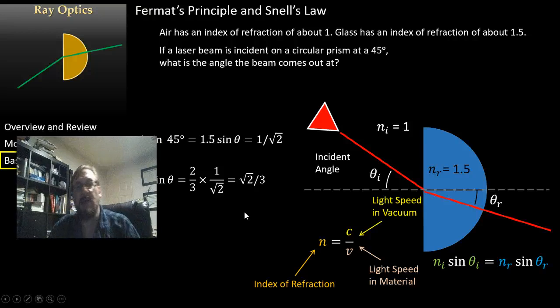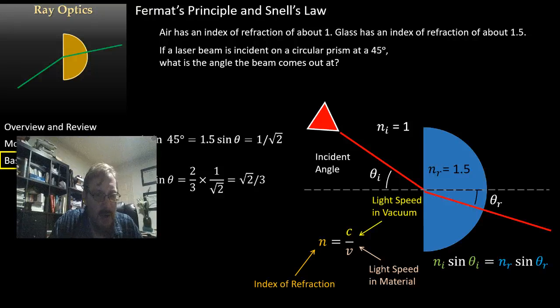That's less than 1, which is good because this sine theta is always between -1 and 1, so this number here had better be less than 1 and greater than -1. Basically, it also has to be greater than 0 because it's not going to come backwards.